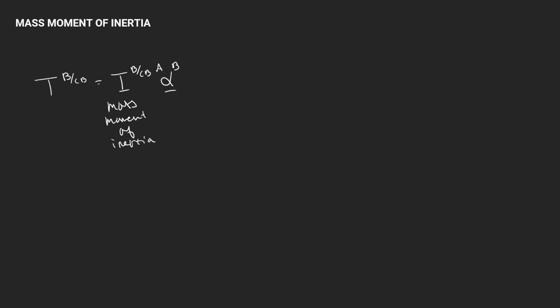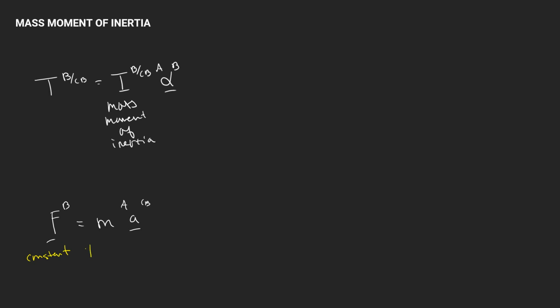Conceptually, I find it easiest to understand what the mass moment of inertia is by relating it to our equation for force. Force is equal to mass times the acceleration of the center of mass of a body. Let's imagine that we apply a constant force onto an object.